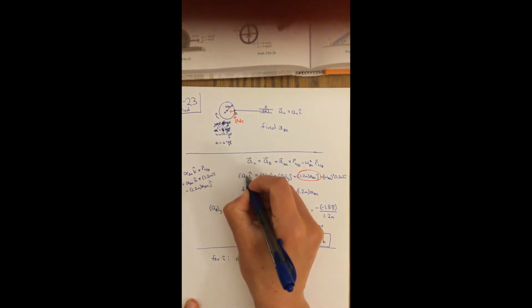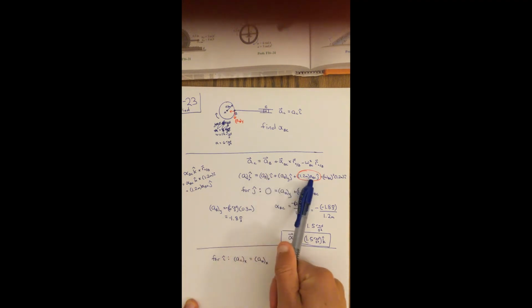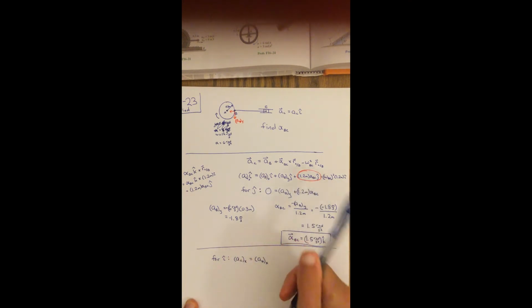Let's call it that, a_Cx. That's the only non-zero component that we have, is equal to the x component of my acceleration here. This doesn't have an x component, and this is minus omega BC squared times 1.2 meters.